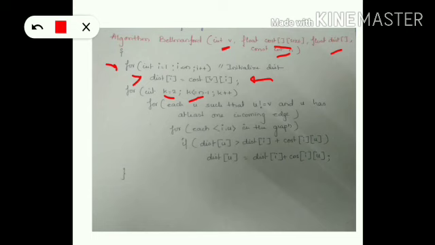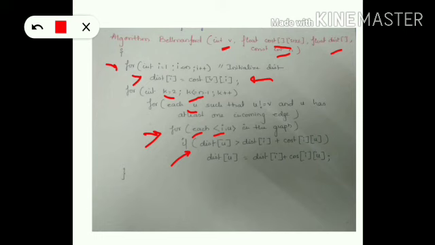So for each vertex u such that this vertex u is not the source vertex, it means that we have at least one incoming edge in it. So we try to find out, is there any intermediate edge to reach u? That is, if I have an edge from i to u in the graph, then I first compute the distance of u, that is the distance of an edge coming directly from the source vertex v to u.